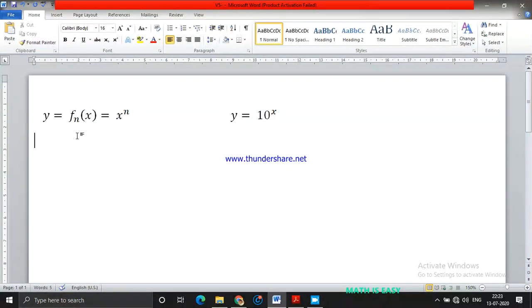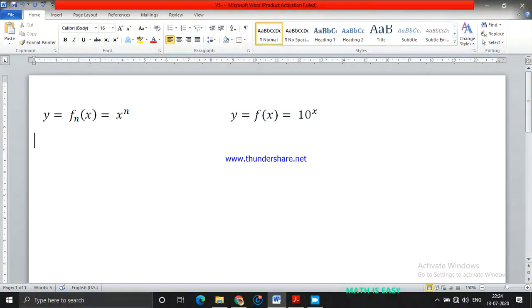Okay, so these are the two functions I have. If you want, you can put here something like f of x equals 10 to the power of x. For example, let me check how these values are increasing.